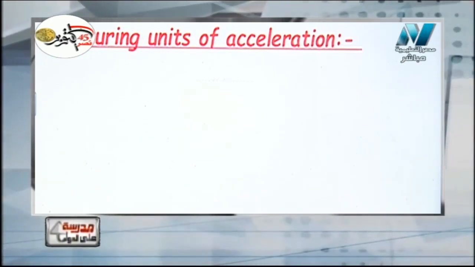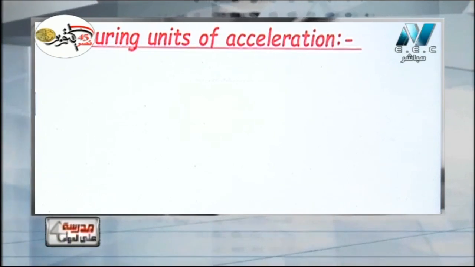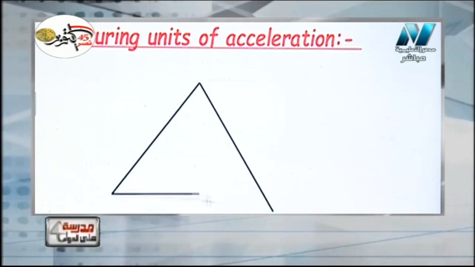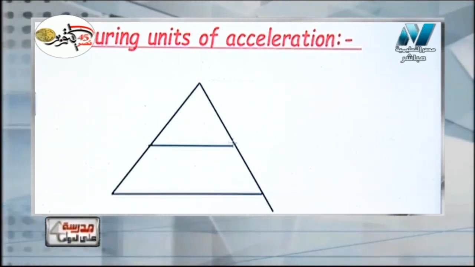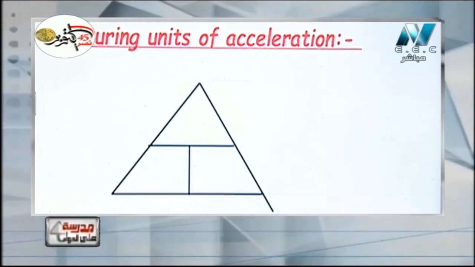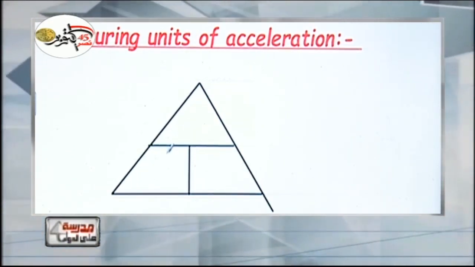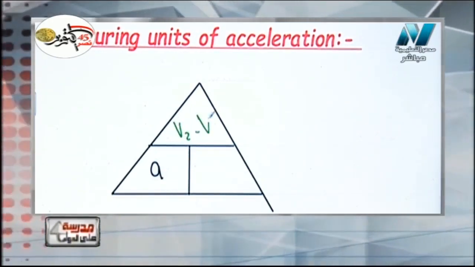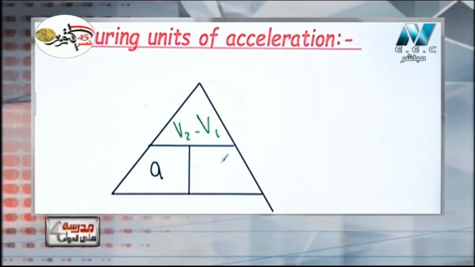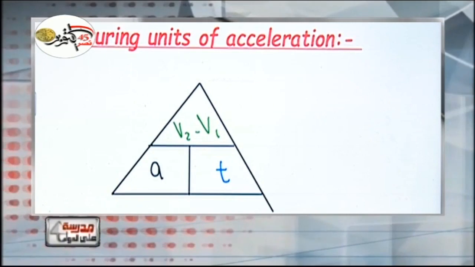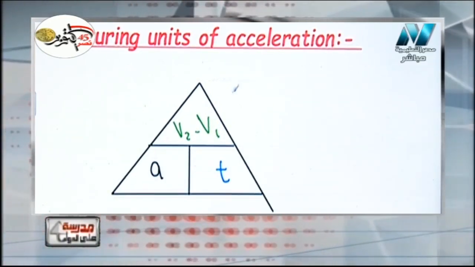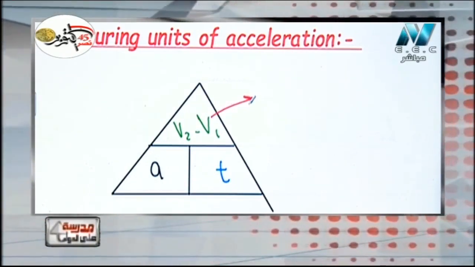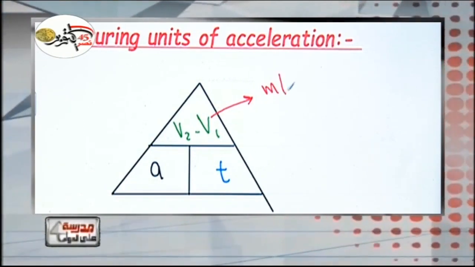Looking at the mathematical law of acceleration, we have three physical quantities: A, acceleration, and V2 minus V1 over T. To identify the measuring unit of acceleration, we should know that the measuring unit of speed is, for example, meter per second.